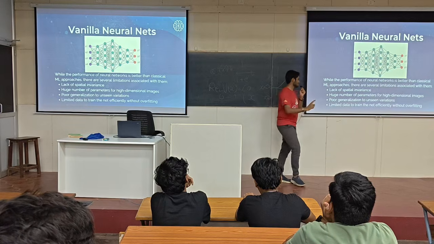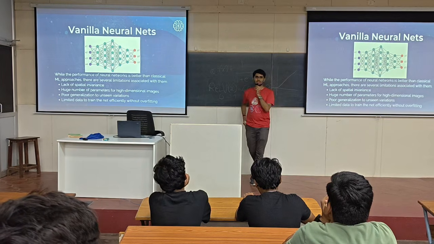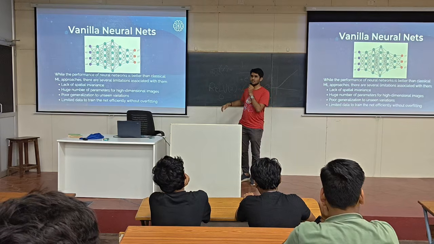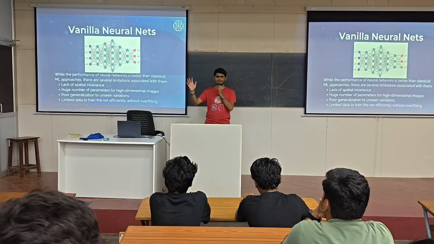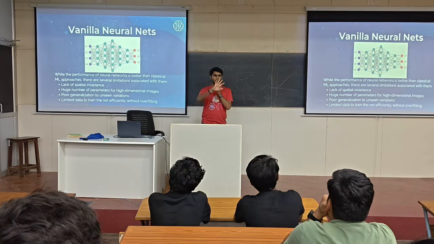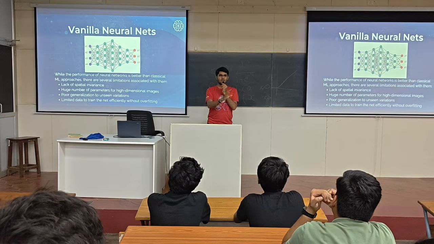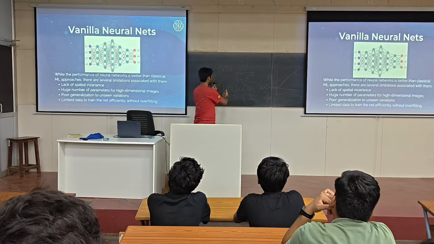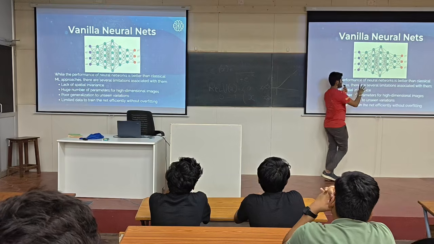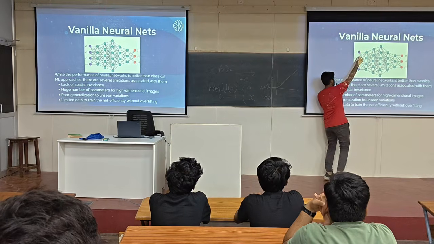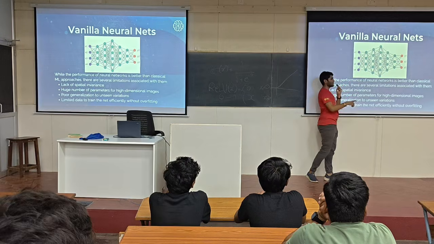Why? The main reasons: one is lack of spatial invariance. If I move my image, all the pixels in my image, by 5 pixels, the features that I will get now will be completely new. This x1, x2, x3, x4 will be completely new. Although they are just shifted, x1's value is now in x3, x2's value is now in x4.